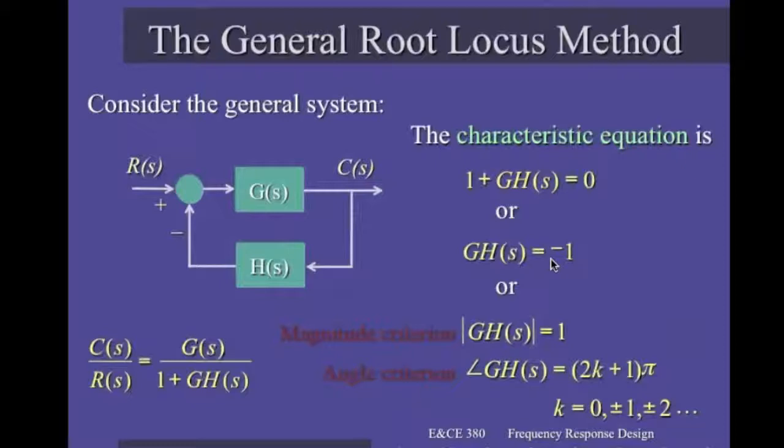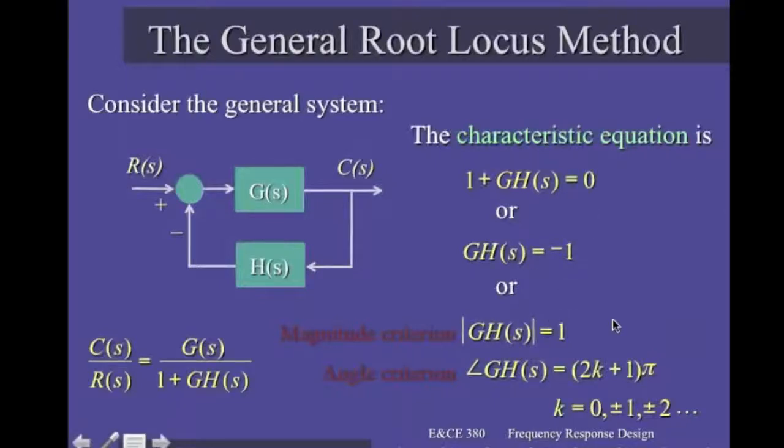In order to have this equation valid in the set of complex numbers, you have to apply the magnitude criterion: the module of the left-hand side, which is this one, the module of GH of S, equals the module of the right-hand side.